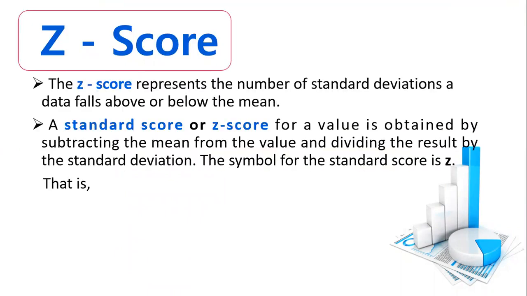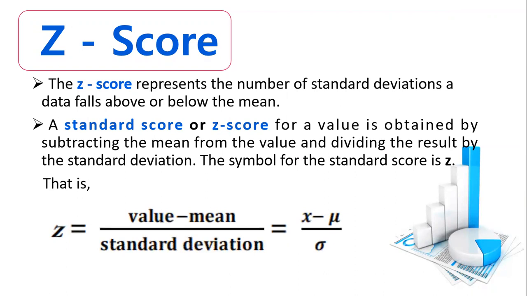The z-score, which is the fourth measure of relative position, represents the number of standard deviations a data value falls above or below the mean. A standard score or z-score for a value is obtained by subtracting the mean from the value and then dividing the result by the standard deviation.